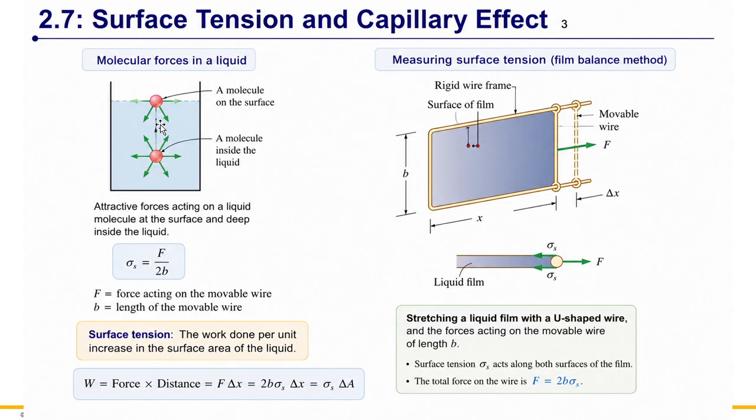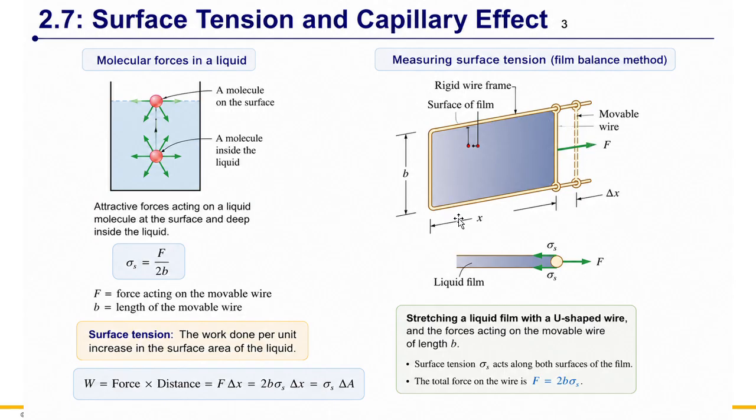This makes the surface behave like a stretched elastic film. The equation shown here is sigma s is equal to F by 2B. This is demonstrated for the example shown on the right side.